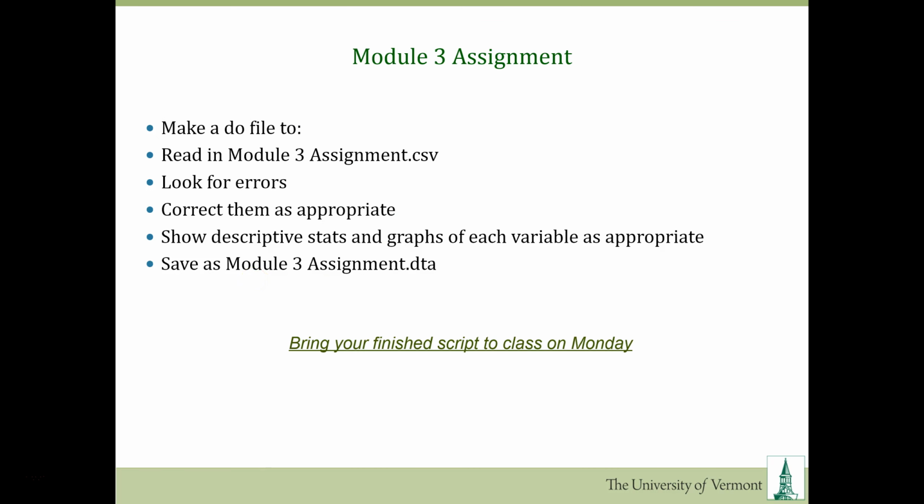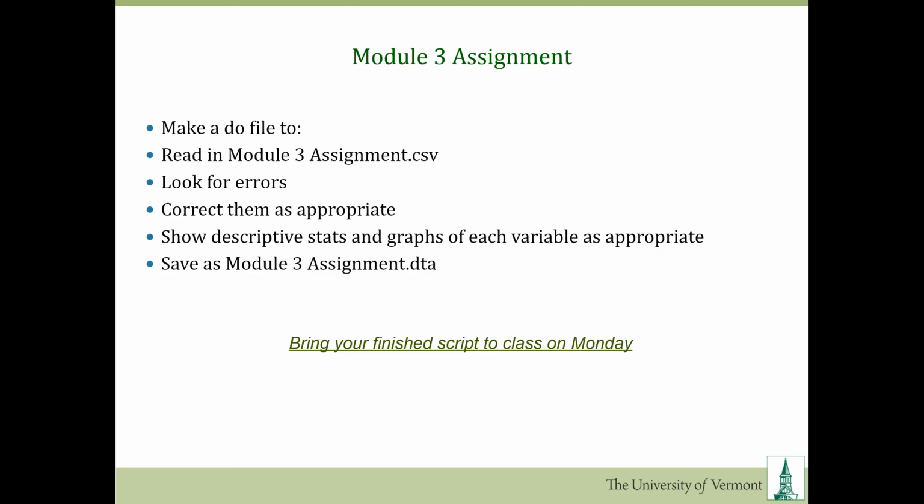Okay, module 3 assignment. What we want to do is make a do file that reads in the file module 3 assignment.csv. You should be able to find that in your file area. I want you to please look for errors, correct them as appropriate, and this is all done with Stata commands.